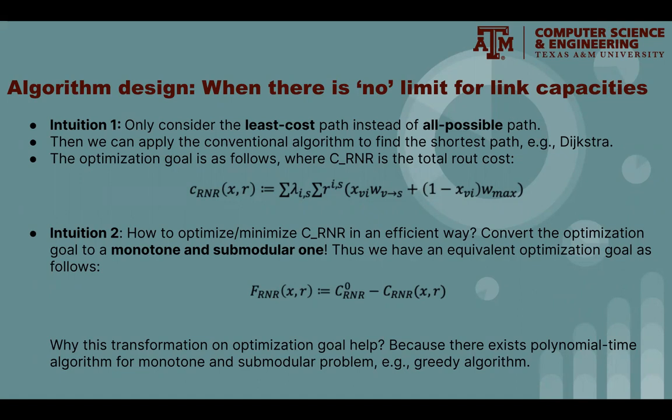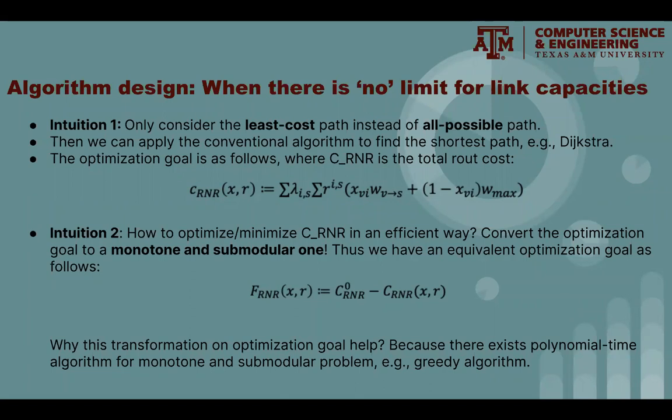And the optimization goal will be as follows, where the CRNR is the total routing cost. After we have an optimization goal indicated by this formula, we want to know how to minimize this routing cost objective in a very efficient way. This is a hard problem, but we decide to convert this optimization goal to a monotone and submodular one.